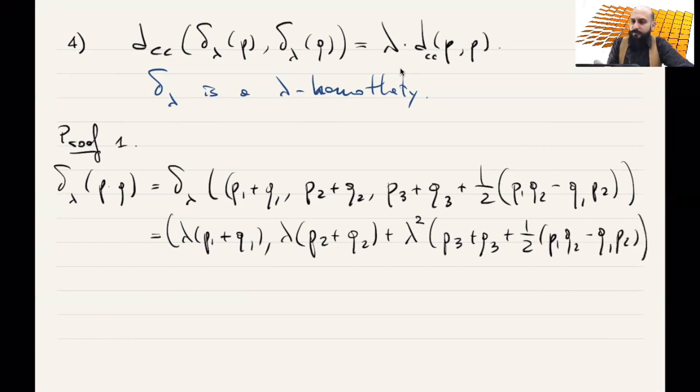Now you see we multiply by lambda each of the first coordinates, and the third coordinate is multiplied by lambda square.